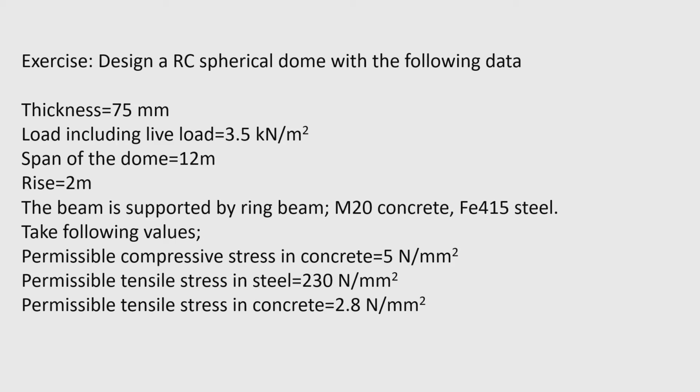The example is this: a RCC spherical dome has to be designed, and the thickness of the dome is 75 mm, load including live load is 3.5 kilonewton per meter square, span of the dome is 12 meter, rise is 2 meter, and the spherical dome is supported over the periphery by a ring beam, that is the edge beam, and the edge beam concrete is M20 grade.